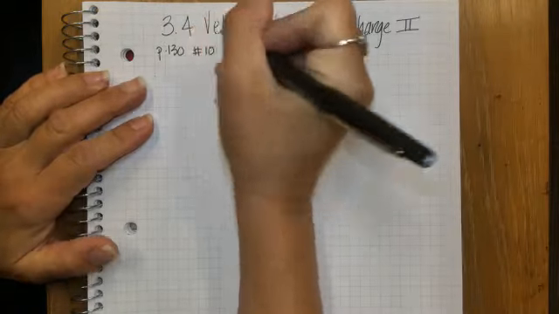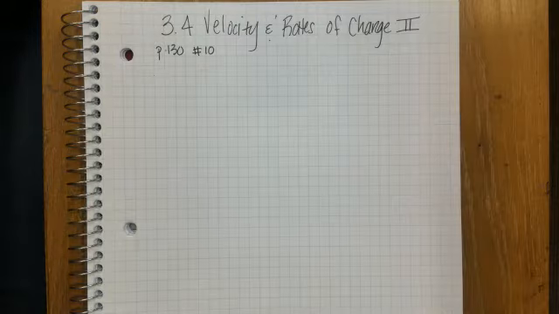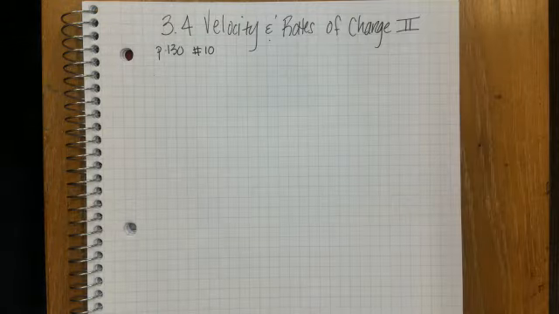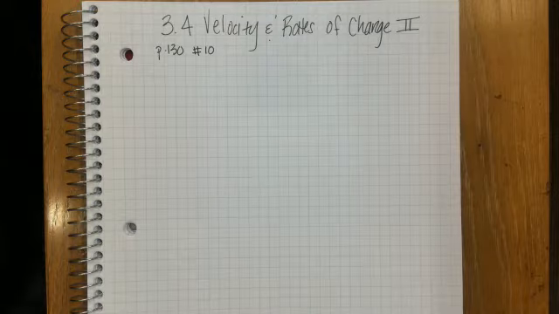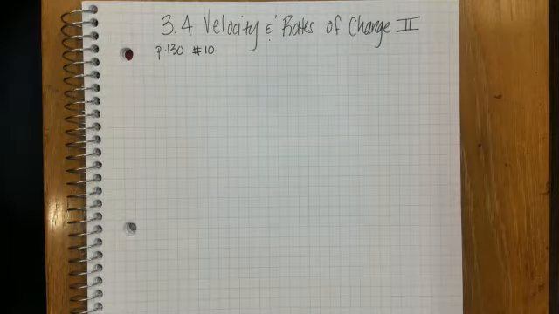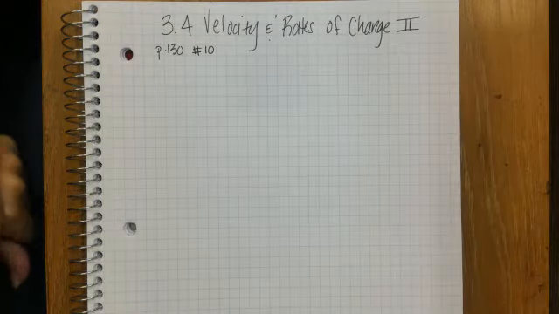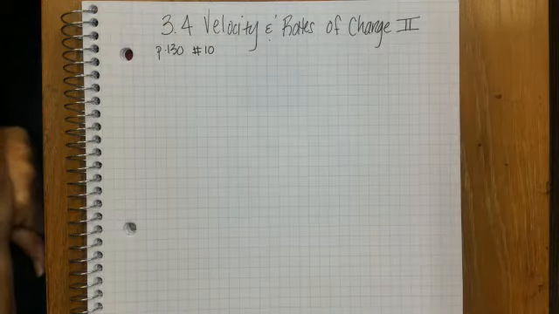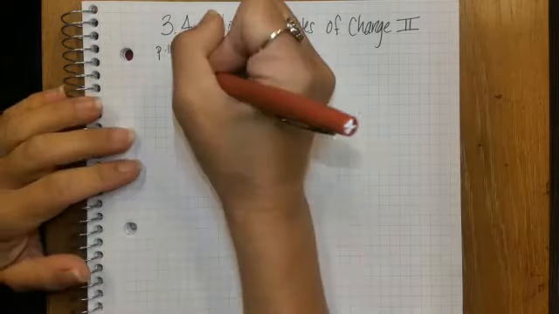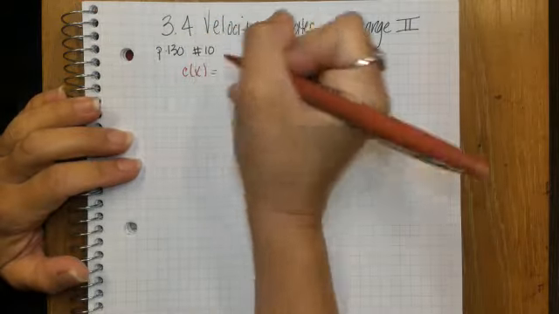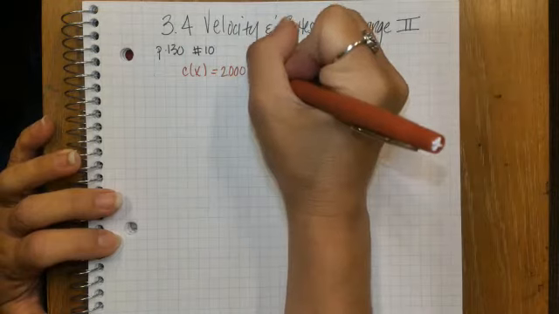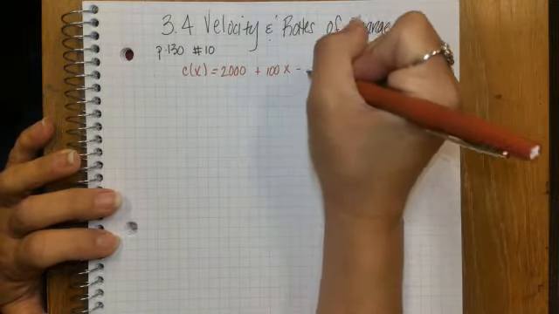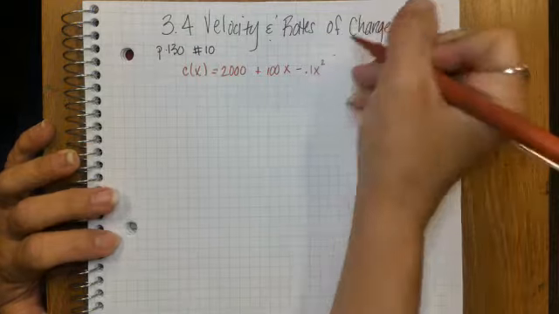And this is going to talk about marginal cost. This would be a real world example using derivatives, but not necessarily projectile motion, dropping a rock from the top of a building, etc. Okay, so it says, suppose that the dollar cost of producing x washing machines is C of x equals 2000 plus 100x minus 0.1x squared.